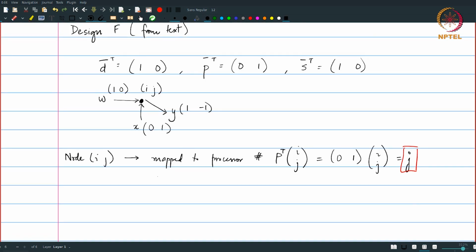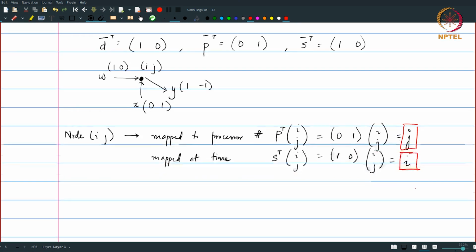And what is the time when it is mapped? That is given by S transpose ij, which is 1, 0 into ij, which is equal to i in this case. Notice that i is the horizontal axis, j is the vertical axis. And let's see what that translates to in terms of what the hardware architecture looks like.